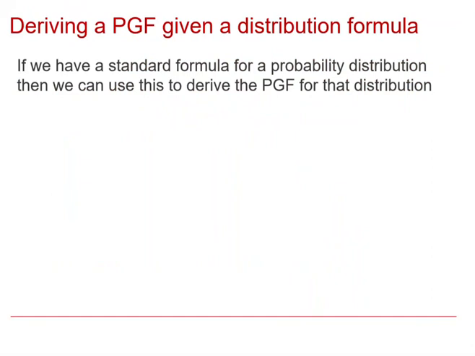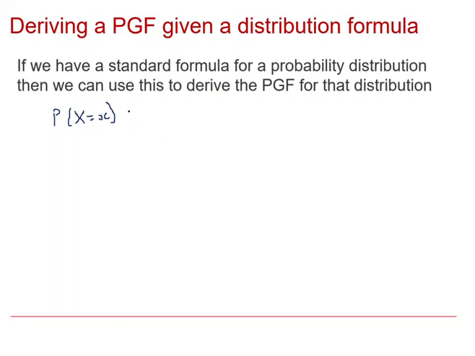In order to derive a probability generating function, we need to know the standard formula for the distribution involved, and that means we need to know the general formula for the probability that a random variable from that distribution takes a specific value x.